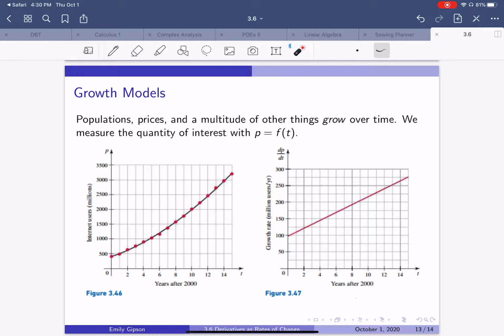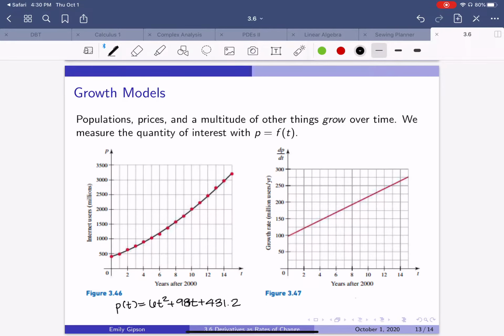And we see that we've got something that kind of looks like a quadratic. And in fact, when we go to write this down, we see that a reasonable fit for our data is P of t equals 6t squared plus 98t plus 431.2.